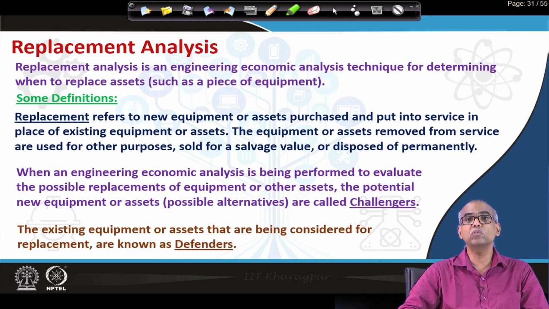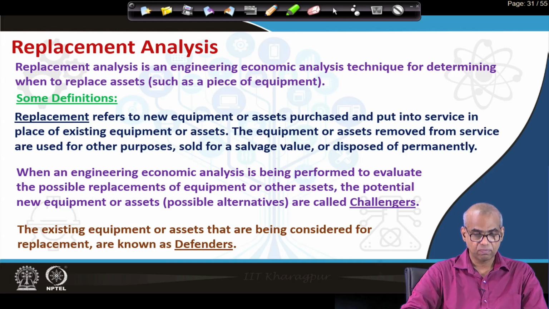That means, when you are going to decide that you have to replace an equipment, you have to decide, yes or no, and if you have possible alternatives, then which one you will choose to replace the existing equipment. So, the new equipment is known as challenger and the existing equipment which is being replaced is known as defender.